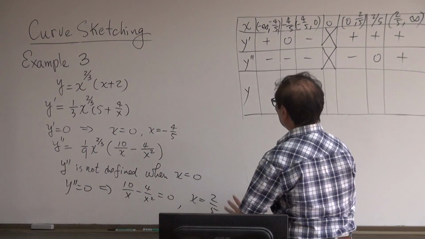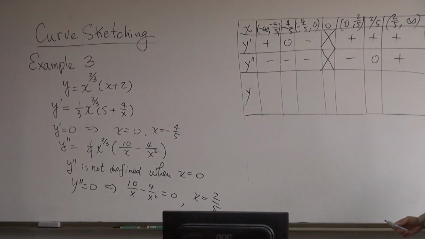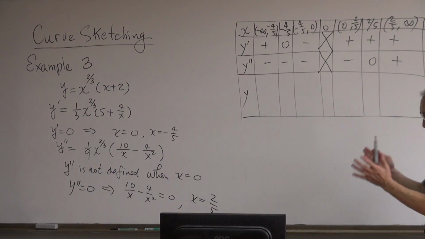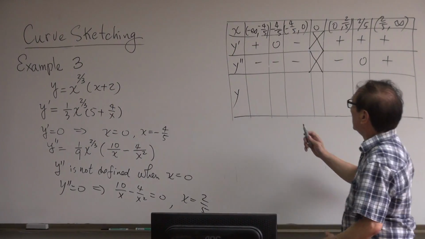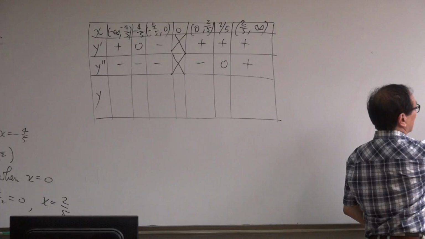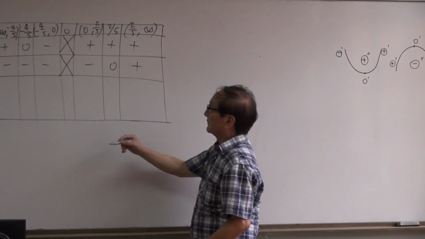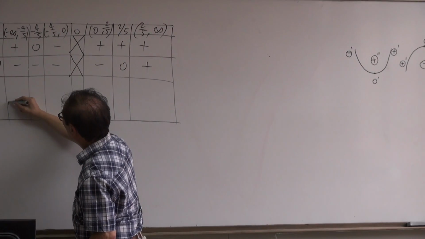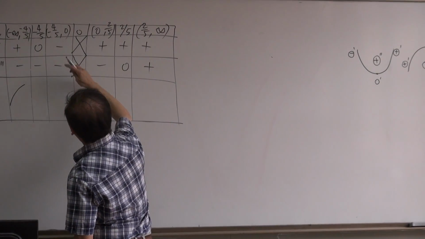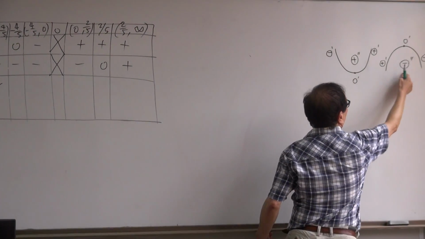Now, finally, for sketching the curve, we get the shapes interval by interval, piece by piece. So here, negative, positive is this shape. And negative, negative is this shape.